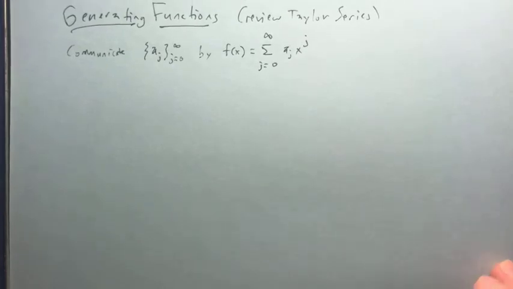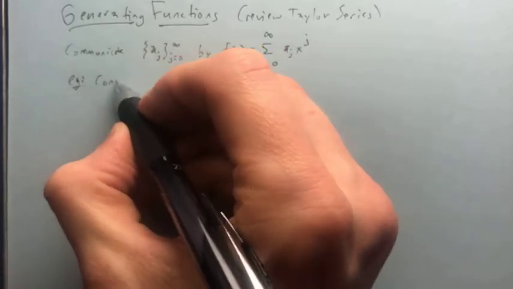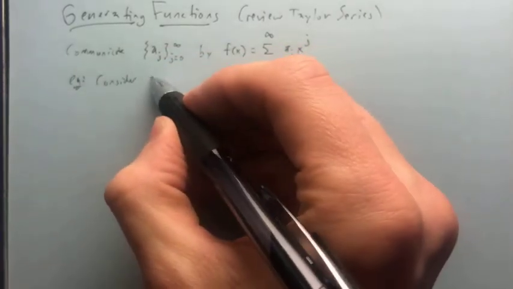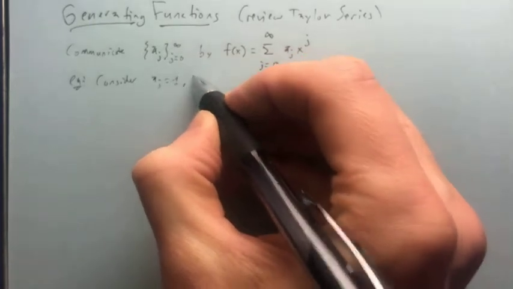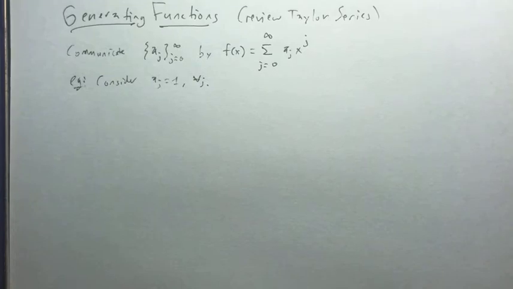So let's start by considering the sequence a_j is 1 for all j's. This is just the constantly 1 sequence.